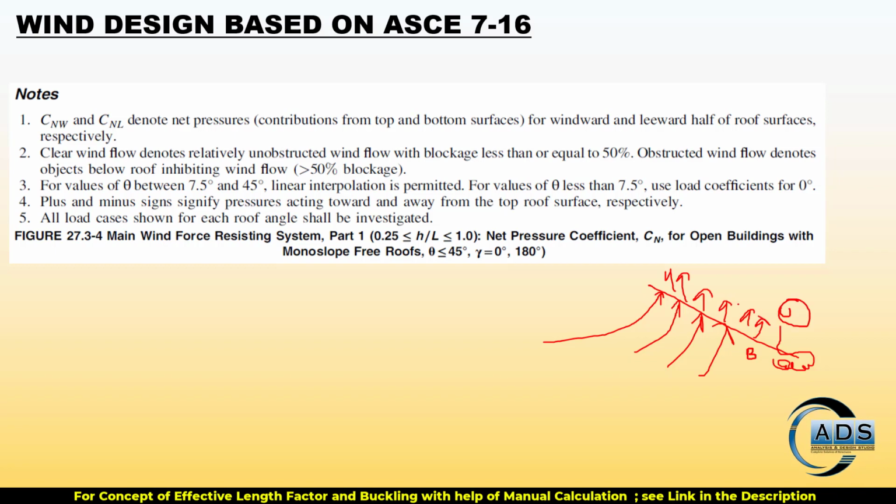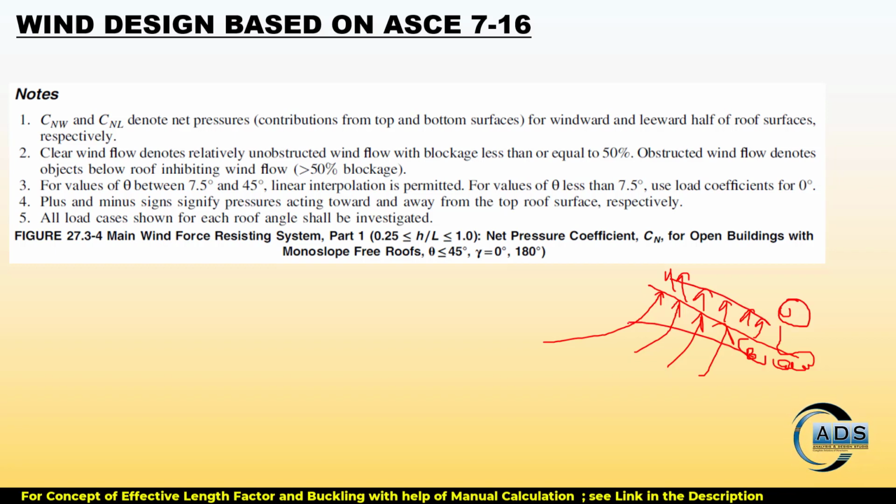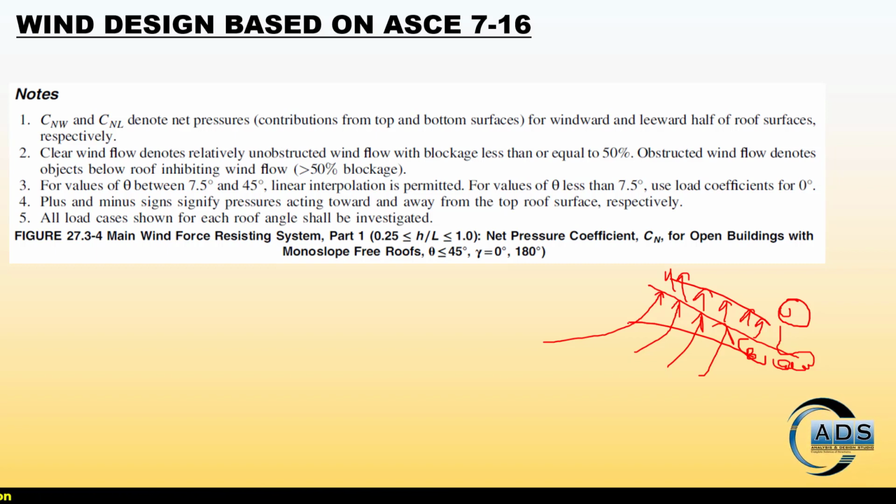Upper surface pressures are different, bottom surface pressures are different, so they need to be algebraically summed to come up with the total net effect. So these coefficients show the net effect of the upper and bottom surfaces of the structure.